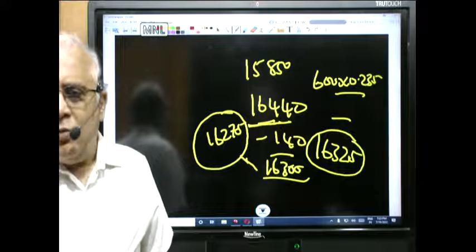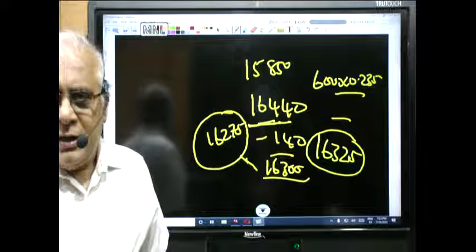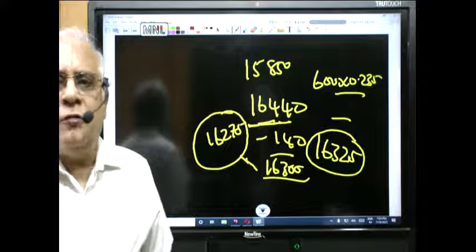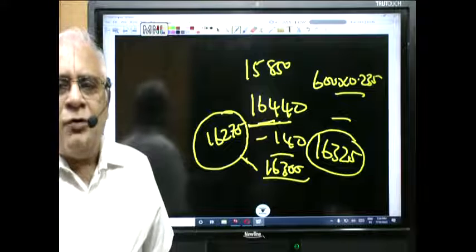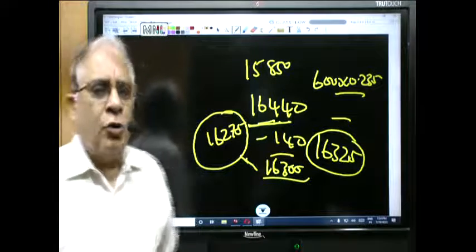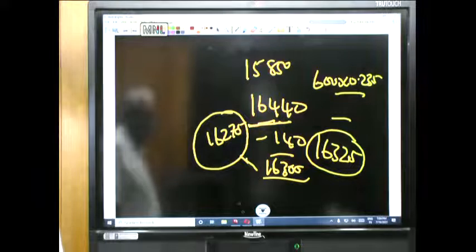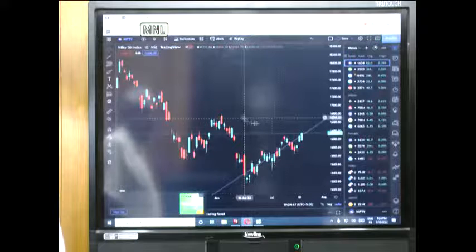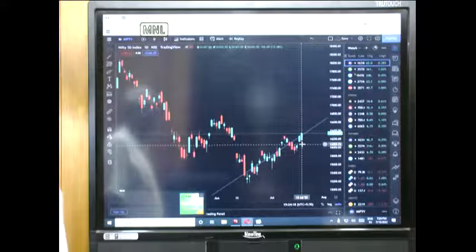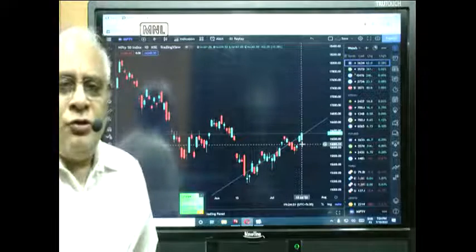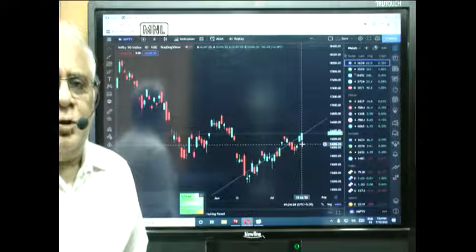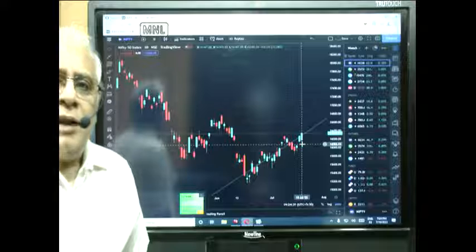Then definitely you can go buy immediately for a profit target of 16,440, and because it is a gap up, keep a stop loss below today's close, that is this place. This is 16,340. So if it opens with a gap up above 16,380, buy, keep stop loss 16,340, and the profit target is 16,440.